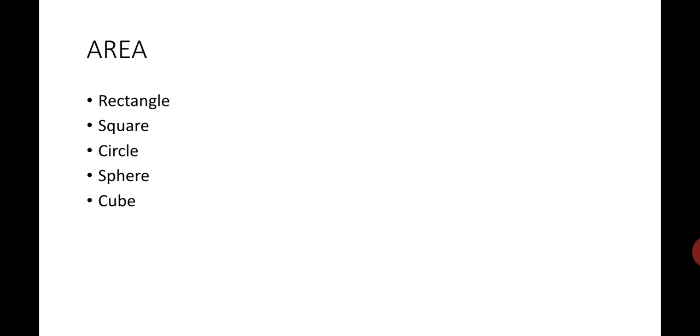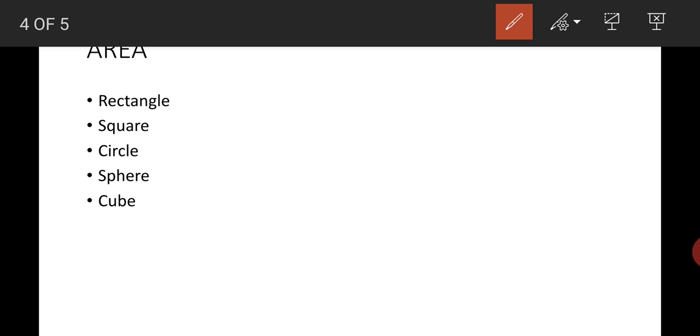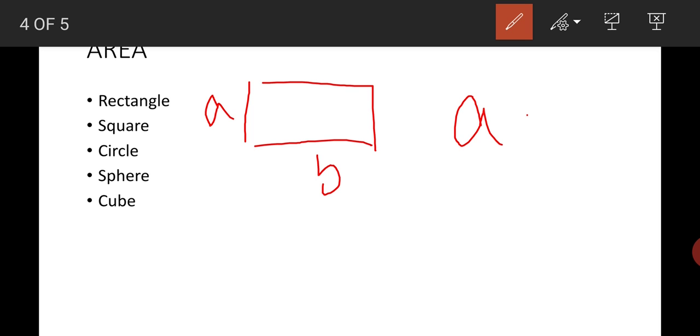Okay, let's move to area. In the case of a rectangle, sides are a and b, and its area will be a into b.